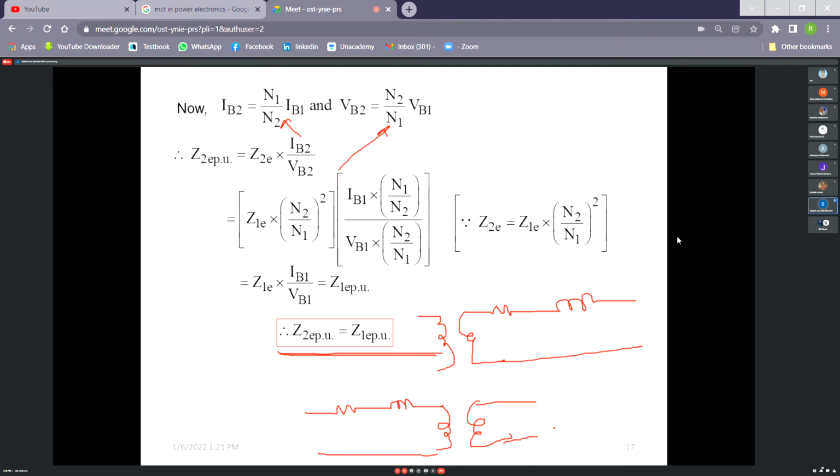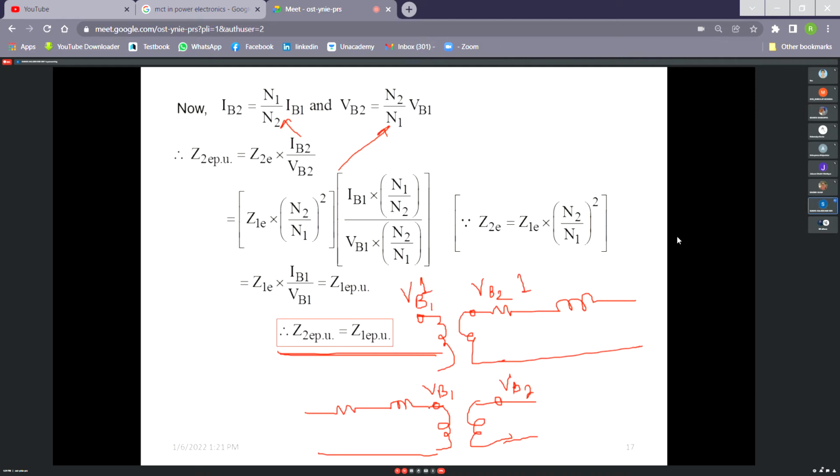At the same time, base quantities are the rated quantities. So here the voltage is VB1, here the voltage is VB2, in volts, right? If it is at the base voltage, then what is the value in per unit? Obviously 1 per unit.